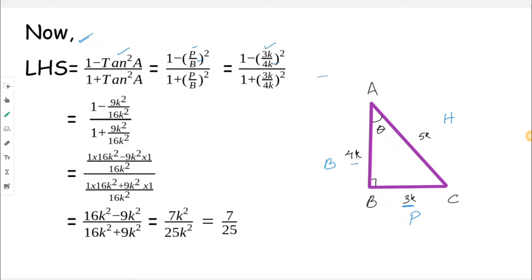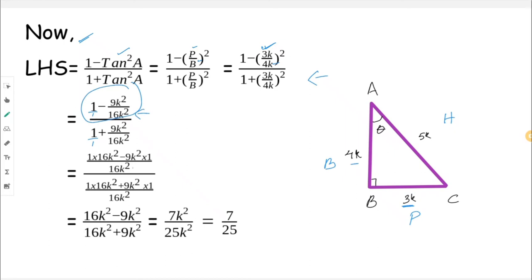Same thing for our denominator: 3k by 4k. Once we're done with that, let's open it up. 3 3s are 9 k square, then 4 4s are 16 k square. Same thing for our denominator also. Now remember that 1 is here, and 1 is here too. So if I find the LCM of the top one, it will be 16k square.